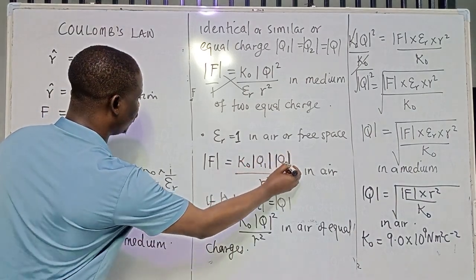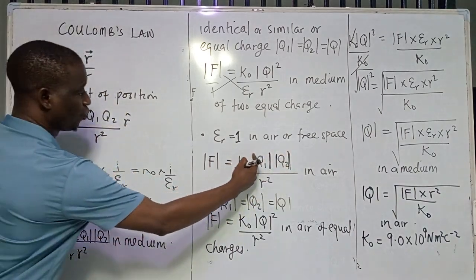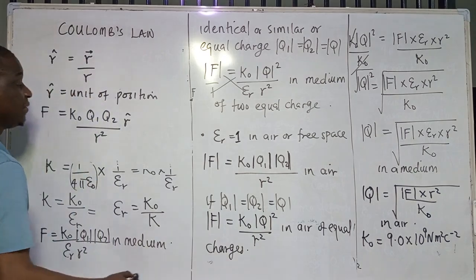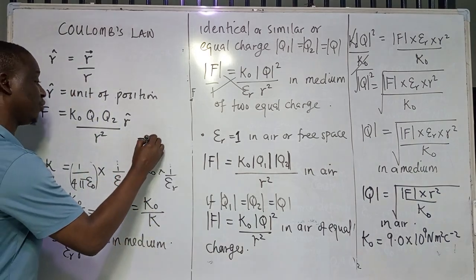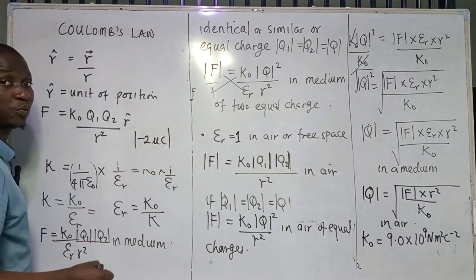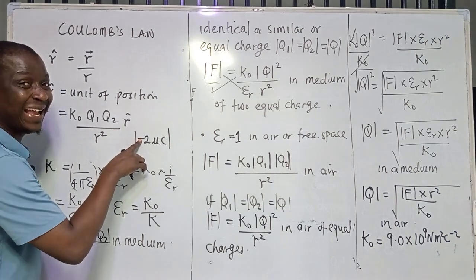What does this absolute do? This absolute helps to remove the minus from the two charges so they are in terms of plus. For example, if I give minus 2 microcoulomb, by the time I take the absolute of this one, it will remove the minus sign.